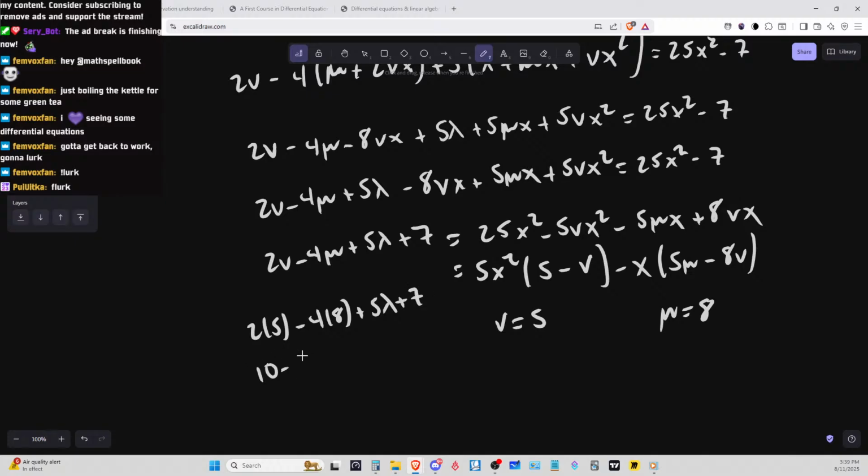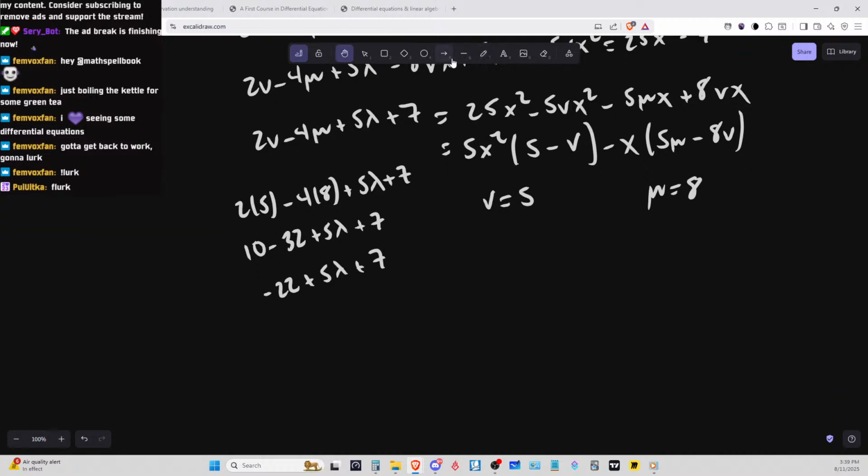So then we have 10 minus 32 plus 5. So these two together, negative 22, 5, 7. Then scratch that. 15 plus 5. And all this has to be equal to 0, so in this case, lambda would be 3.